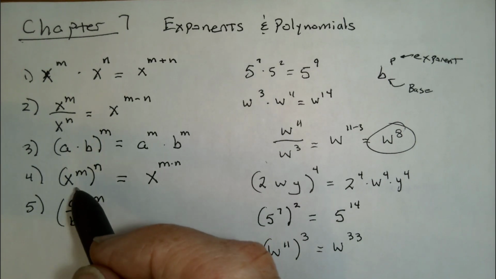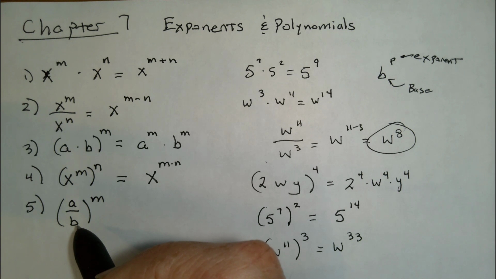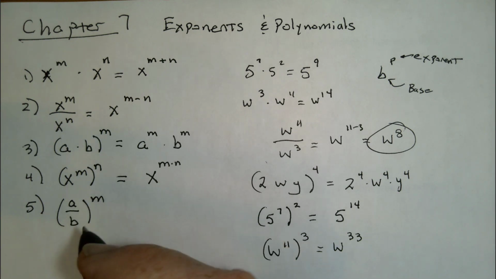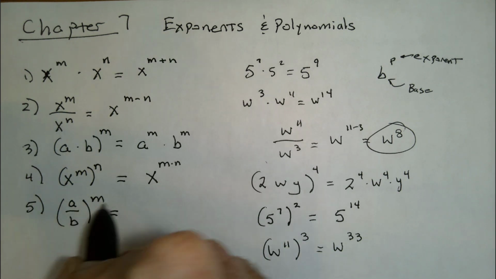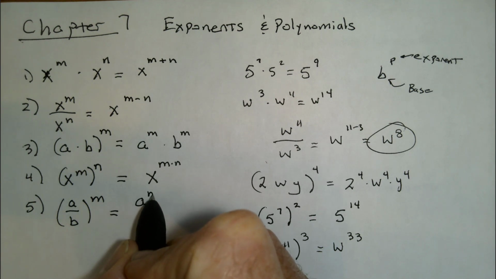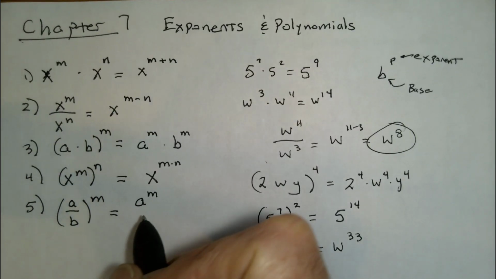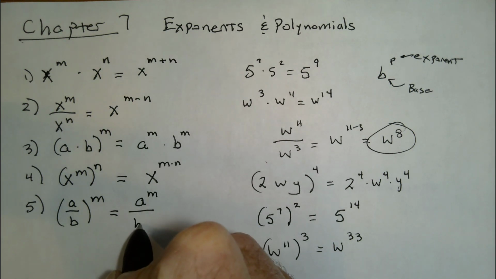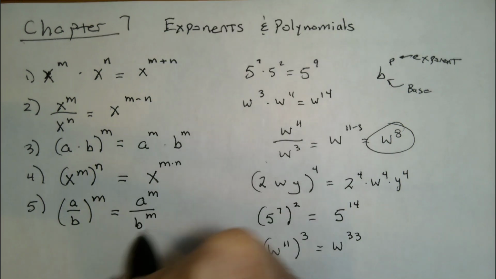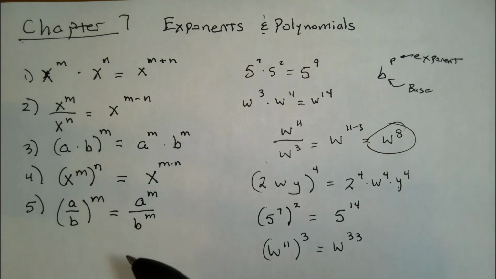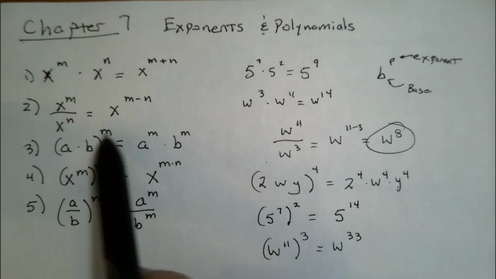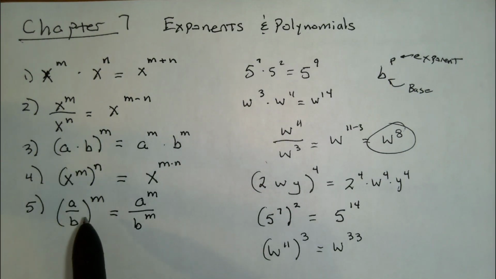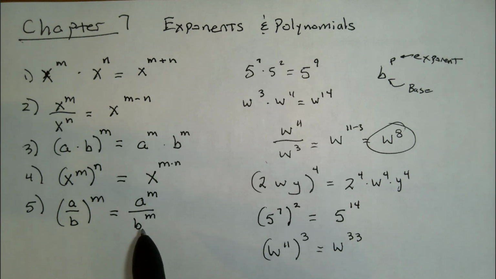I'm taking A as a base divided by B as a base and everything has an m power. That just means all the A factors will be repeatedly multiplied, m factors of A, and all the B factors will be multiplied, m factors of B, and we get this fraction. So it's very similar to number 3, the m power applied to everything inside. It applies to the top and to the bottom.